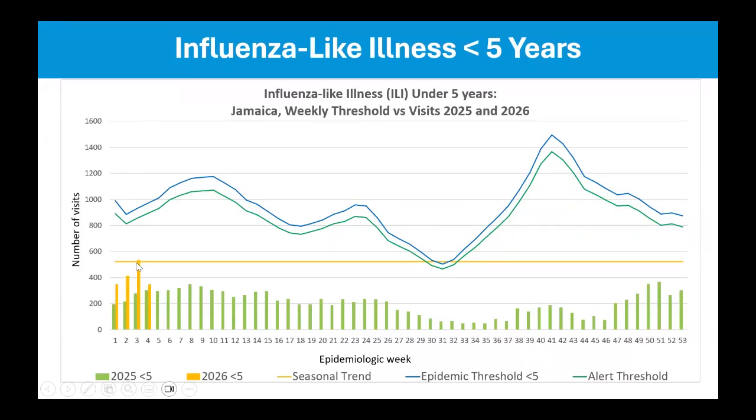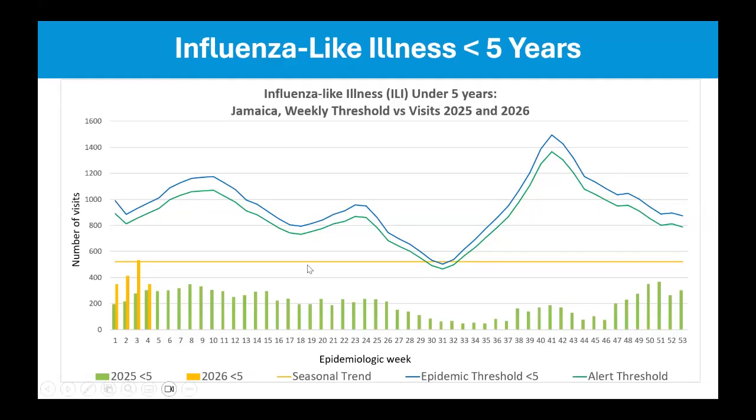But only 1 year that we hit the seasonal threshold. So seasonal threshold is calculated by an average of all the weeks. So for this, we would have 20 years, all the weeks, and we get a mean.